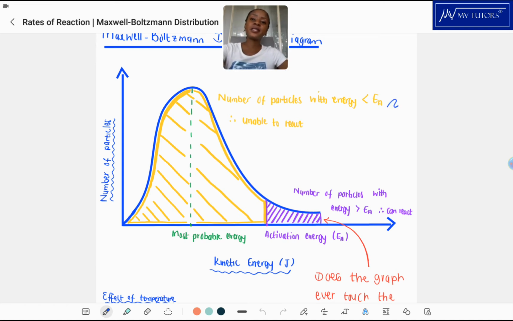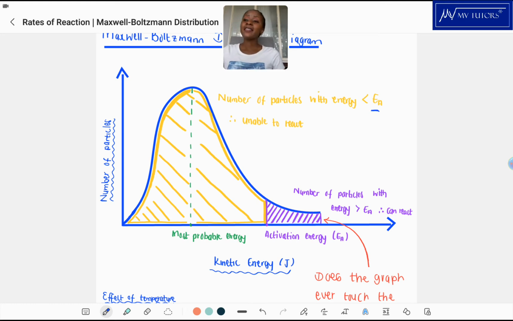So if you see EA here, it's just the activation energy. Under the yellow shaded part of the diagram, those particles do not have enough energy for reactions to form.